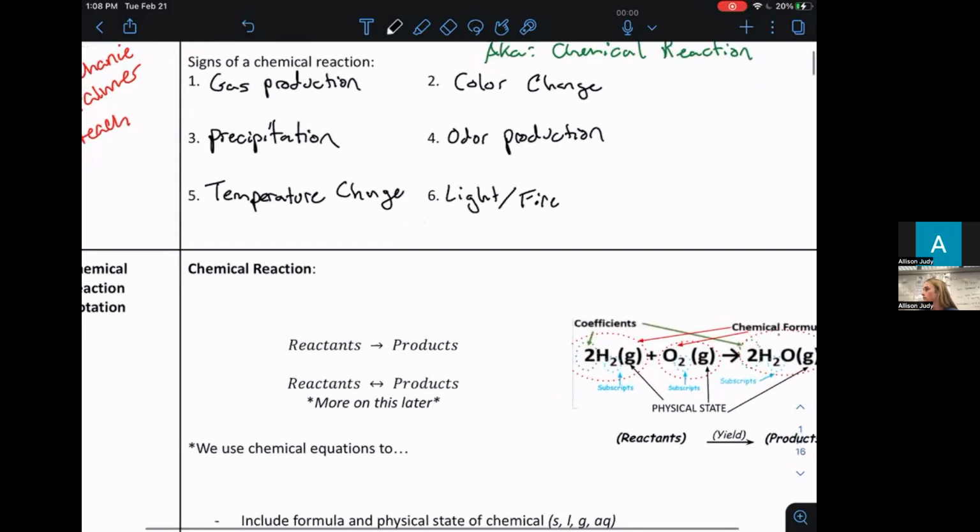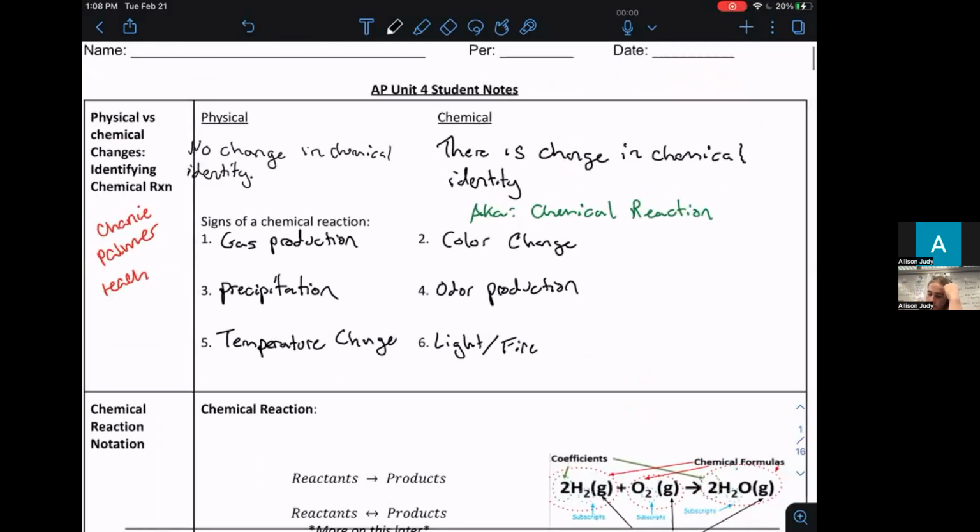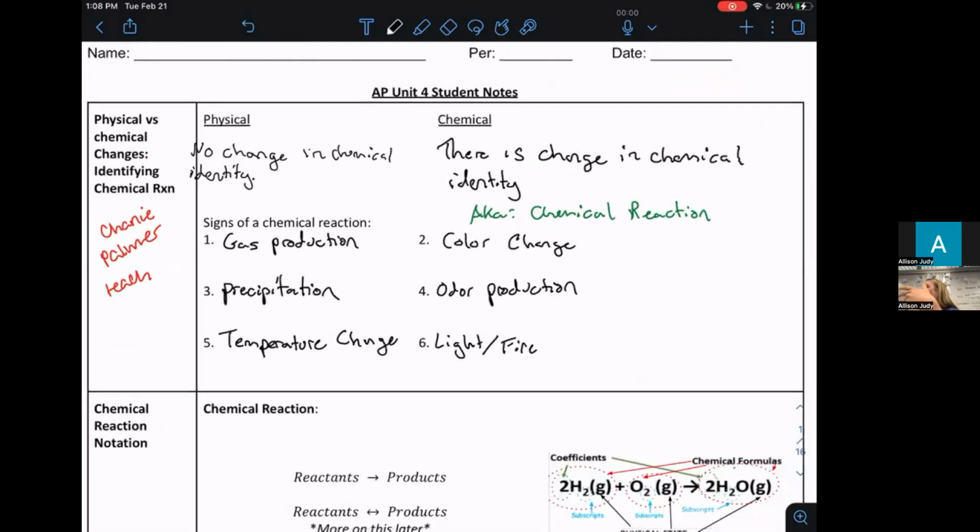Okay. Yes. So when it says chemical identity, those are chemical characteristics of a substance, yes. When I say chemical identity, really what I mean is the chemical formula. So the chemical identity of water when you have it is H2O.